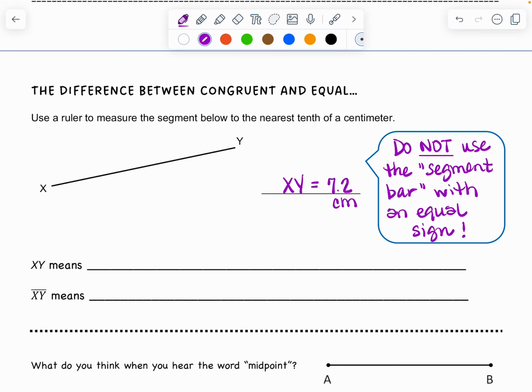Anytime you are talking about the actual numerical length of a segment, because only segments have length, there's no reason to put the segment bar. If you're telling me something is 8 centimeters long or 2 miles long, I know it has to be a segment, because lines and rays are not measurable. So we don't need the bar, plus it tells us we're referring to the numerical length of something.